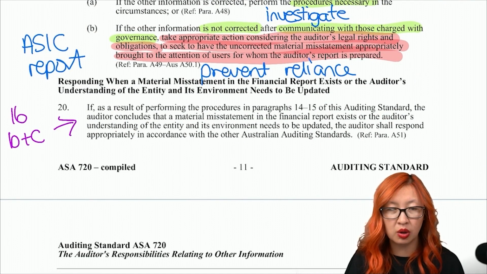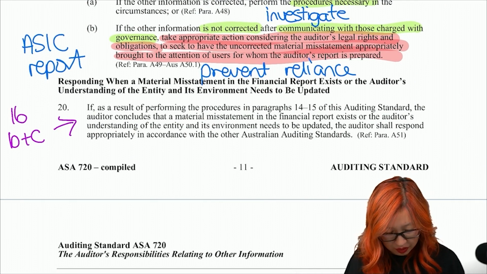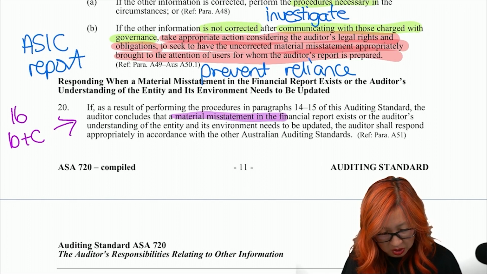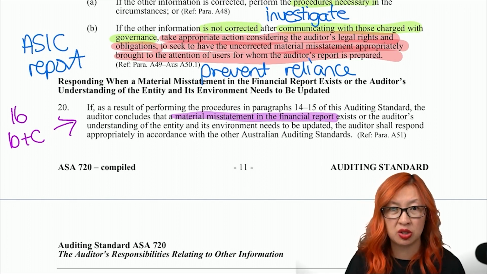All right. So what happens if I find that there is a material misstatement in the financial report that hasn't been adjusted?